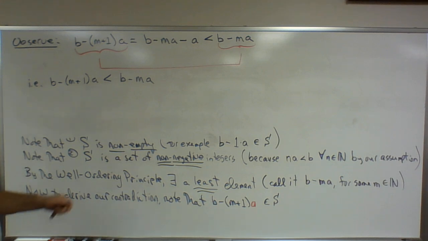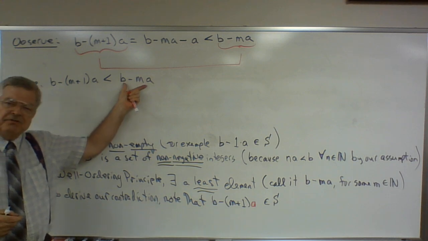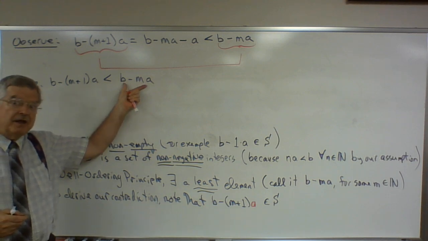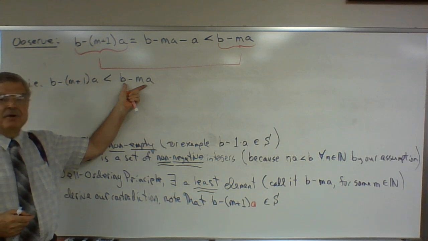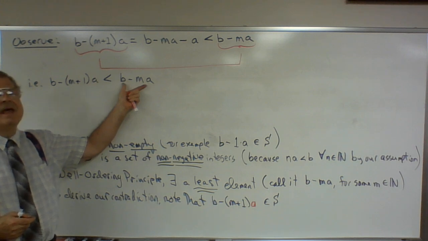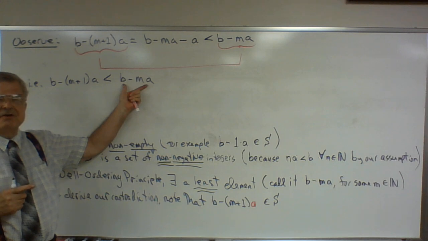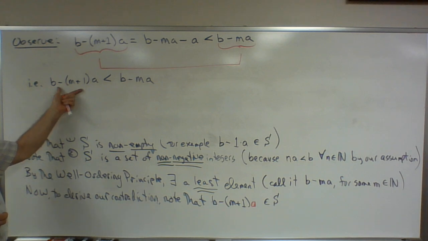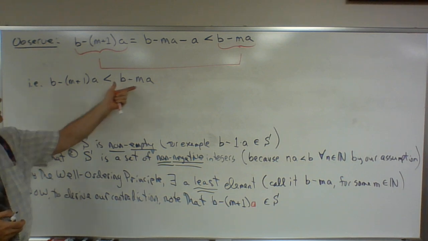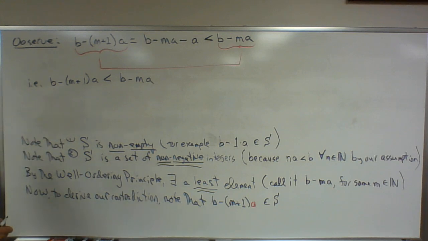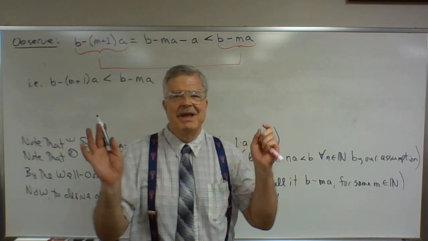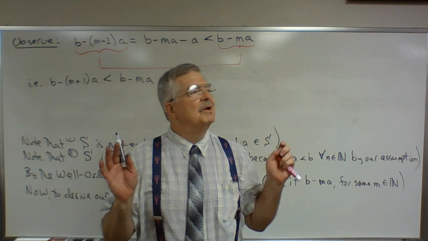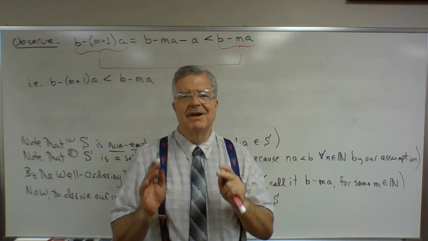Well, wait a minute. Wasn't this supposed to be the least element of set S? In other words, wasn't this supposed to be less than or equal to every other element of set S? But here's an element of set S that's less than this guy. Okay. We just made everything go wrong, which is exactly what's supposed to happen in a contradiction proof.